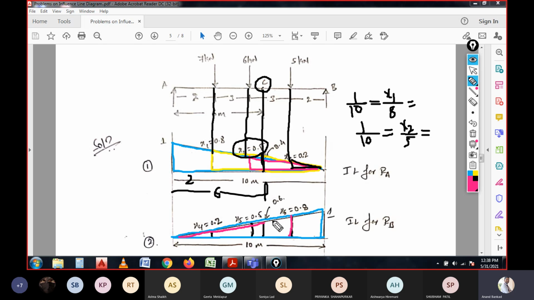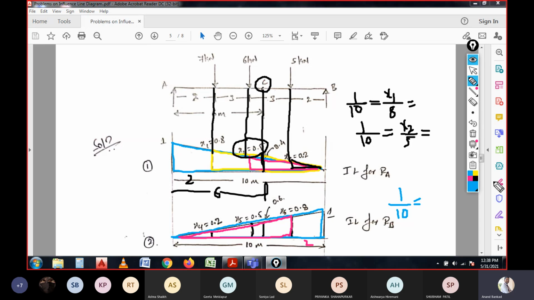So how do you do that? The height should be considered and the length is known. So here in the total length of 10 meter, it is 2 meter distance over here, and remaining is 8. So if you write that, for blue line, we have triangle of 1 by 10, right?